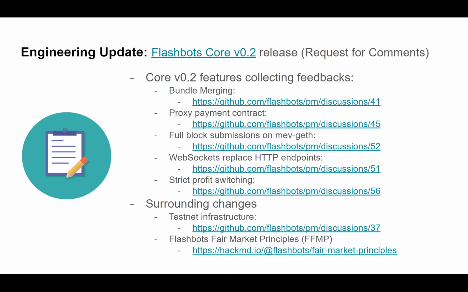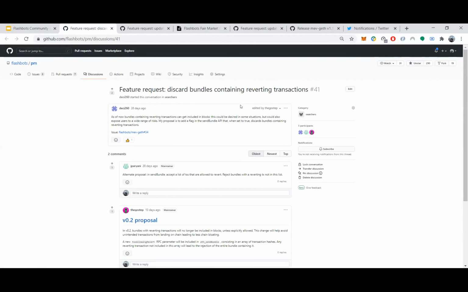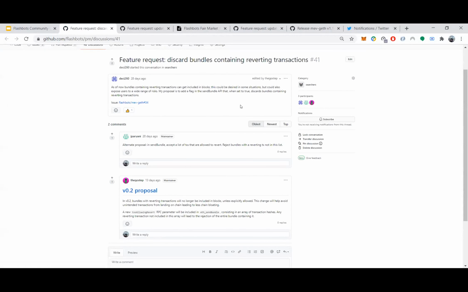Sure. Yeah. So there's a lot to go through here, but I'll try my best to give a highlight of what they are and why I personally think that they're important. So first off is bundle merging. Up to this point, the way that Flashbots worked was a pure auction between all searchers for inclusion at the top of the next block.